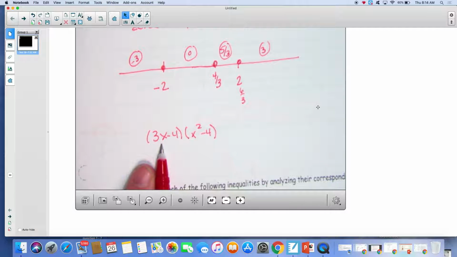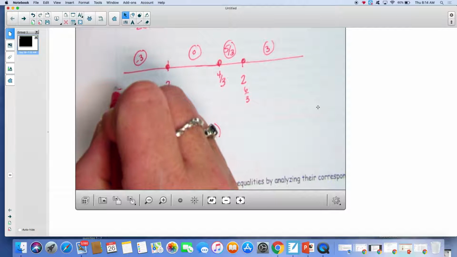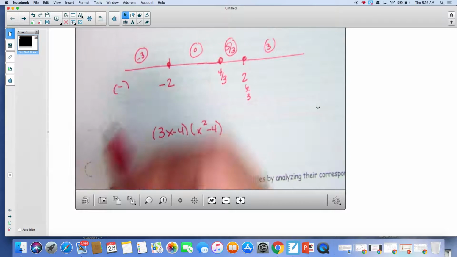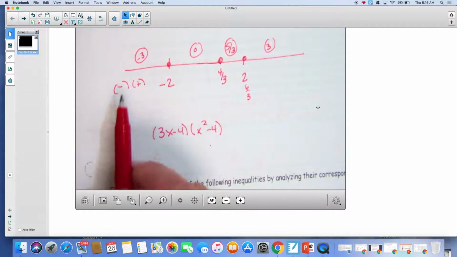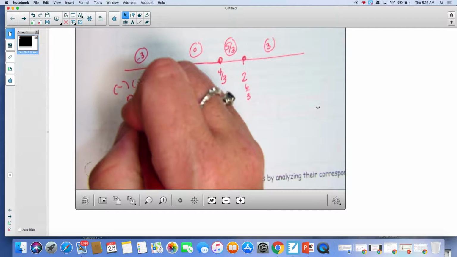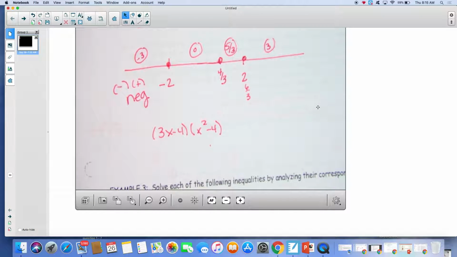Well, that's negative 9 minus 4, which is negative. What happens when you plug in a negative 3 here? It's 5, so it's positive. So a negative times a positive is negative. So this side is negative.